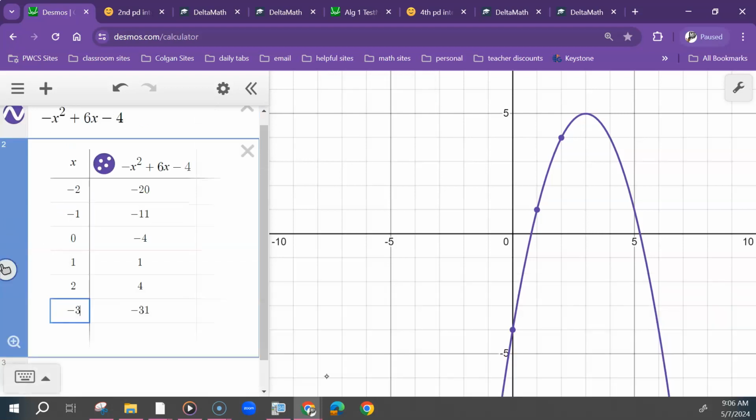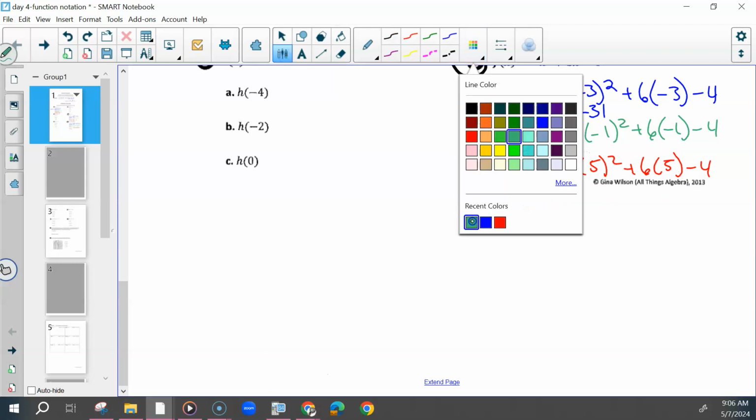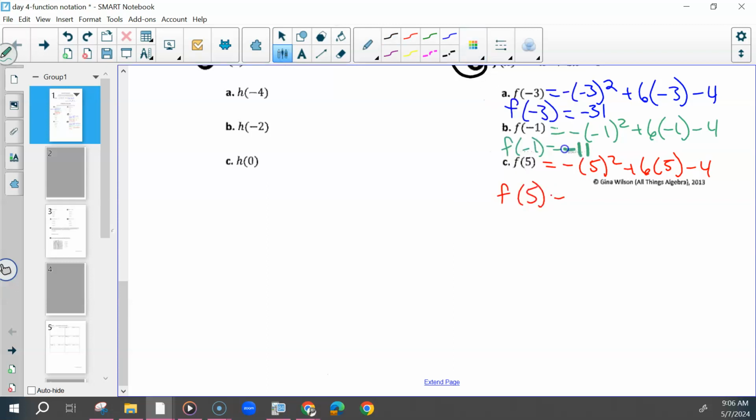They would have put negative 3 in for all the x's. The next one? Negative 11. That one is right. And the last one, negative 9.